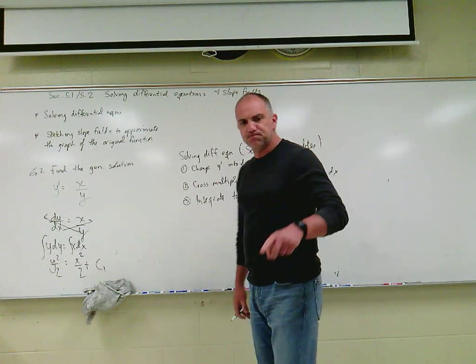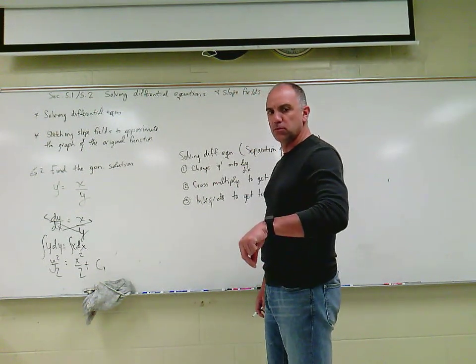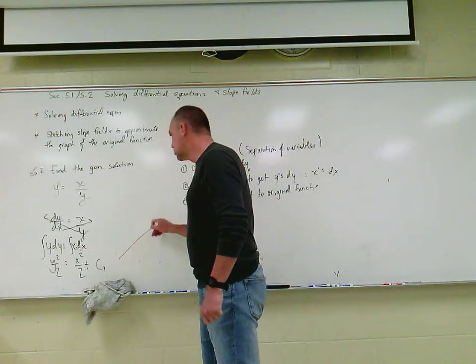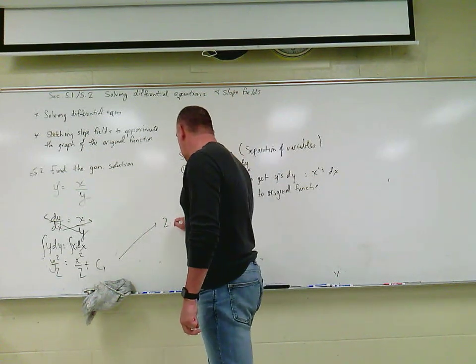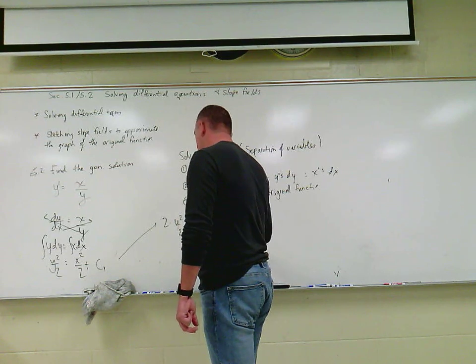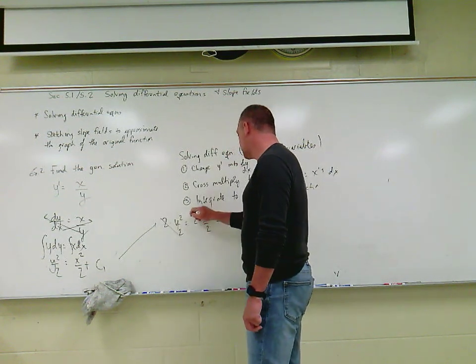So notice, right now I have y squared over 2, but I want to get the original function, which is going to be a y. So what I'll do is I'm going to multiply everything by 2. And those 2's will cancel.